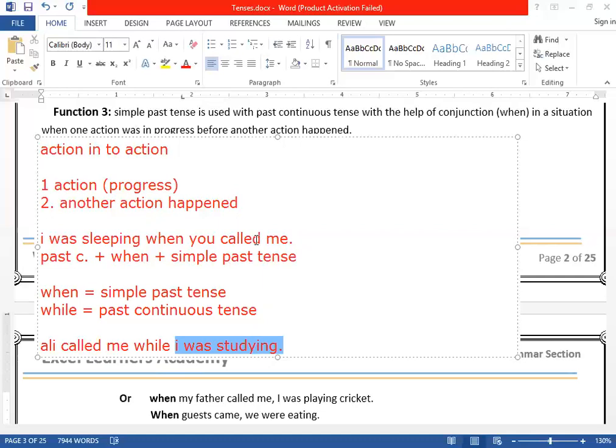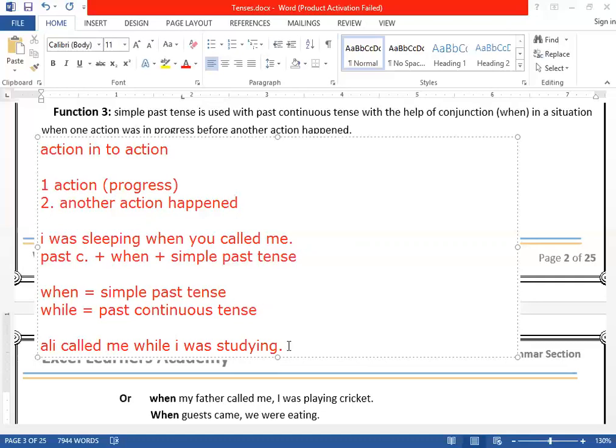लेकिन अगर आप ऊपर वाले जुमले में देखें तो यहाँ पे मैंने क्या किया, you called me, ये सिंपल पास्ट टेंस है, इससे पहले मैंने क्या इस्तेमाल किया, when. So before, while is used before what, while is used before past continuous, while when is used before simple past tense.